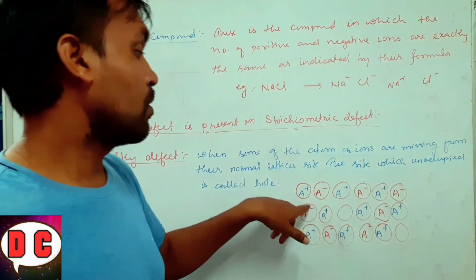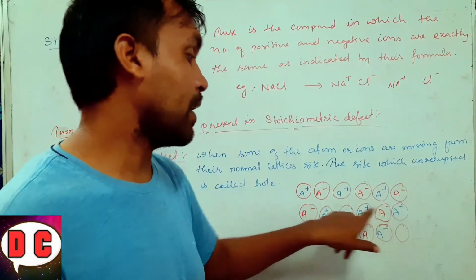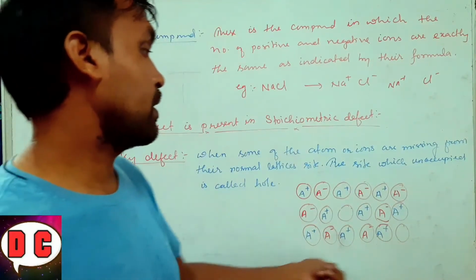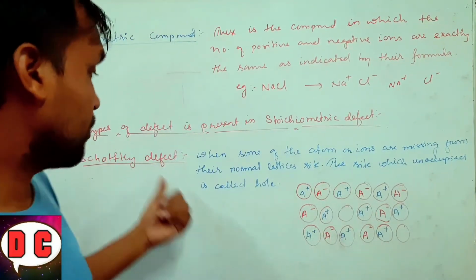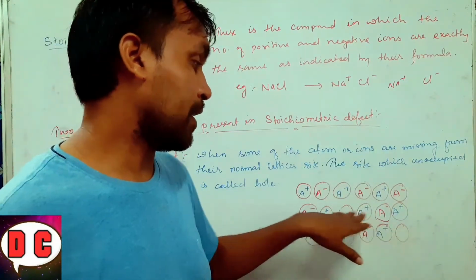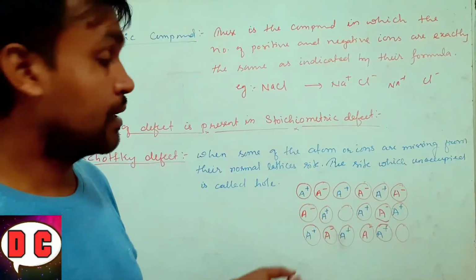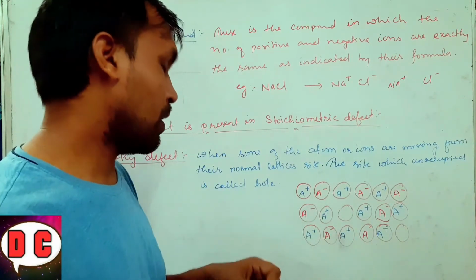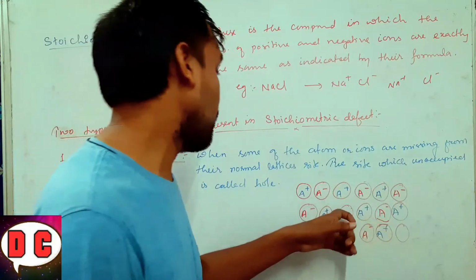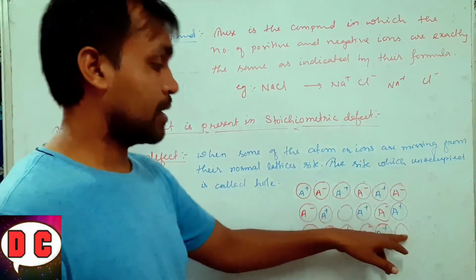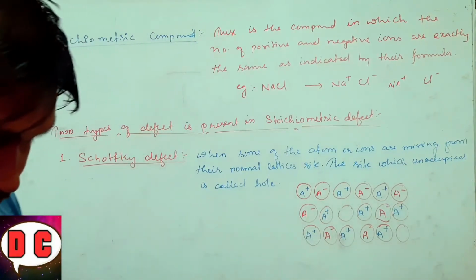The sites left vacant by the missing cations or anions are called holes.